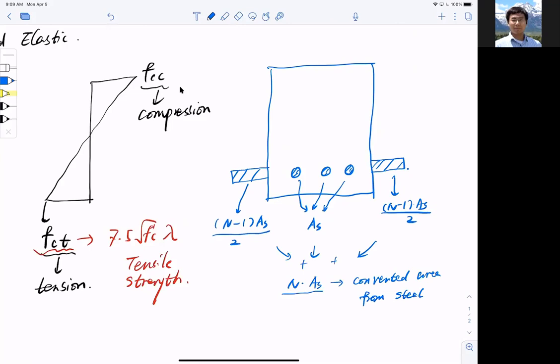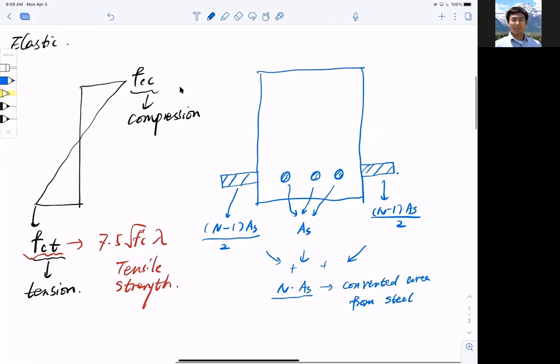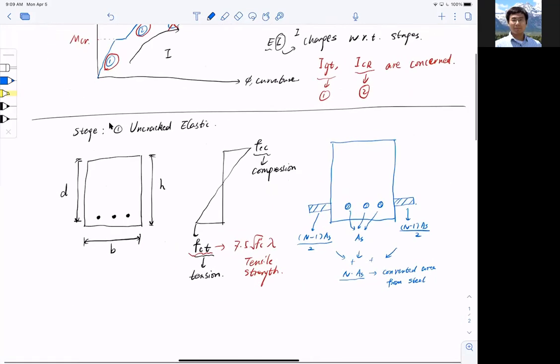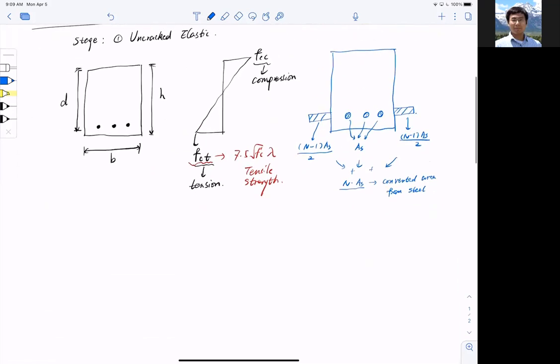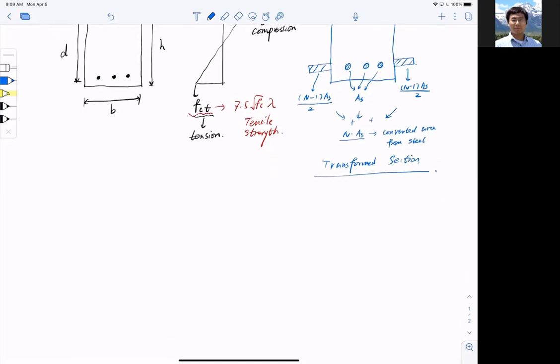Okay, now after I've done this, I look at the section again. I realize that my section has been transformed. So this is called transformation, and this is my transformed section. In the composite section, you learned from mechanics of materials, you probably experienced something similar.